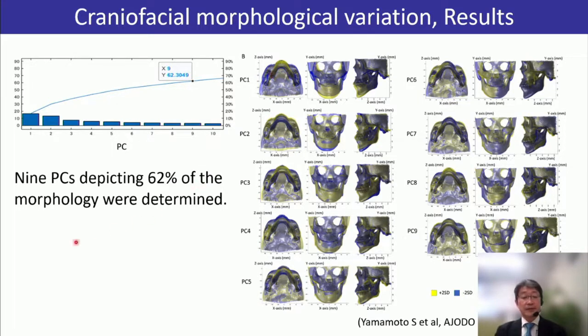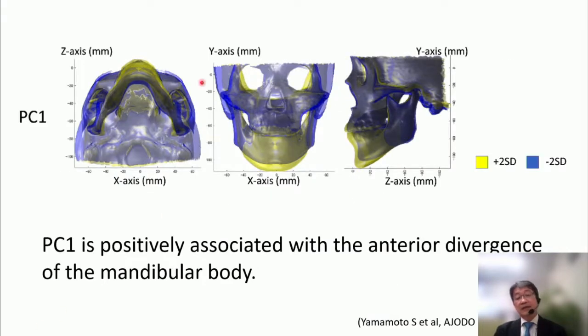Today we do not have the time, so I am explaining principal components 1 and 2. As I said, yellow is the over-exaggerated image and blue is the under-exaggerated image. And the deviation is evident here. From these features, we can say that PC1 is positively associated with the anterior divergence of the mandibular bodies.